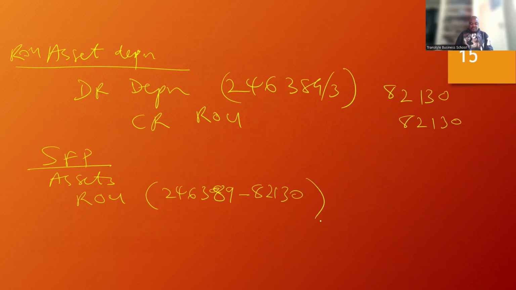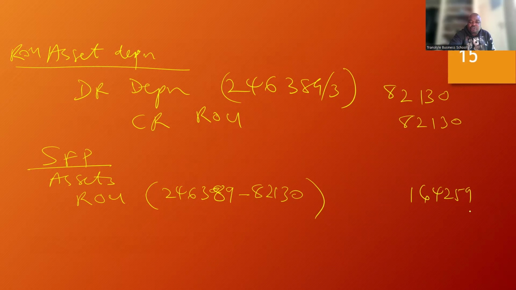So in the SFP, that is 246,389 minus 82,130. That's 164,259. An outstanding entry to be made, an irrelevant entry skipped.